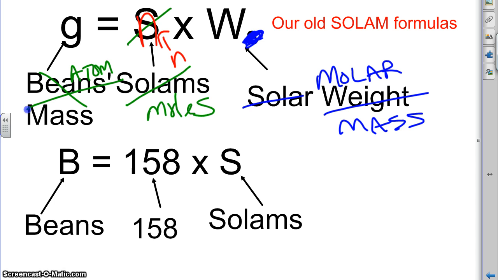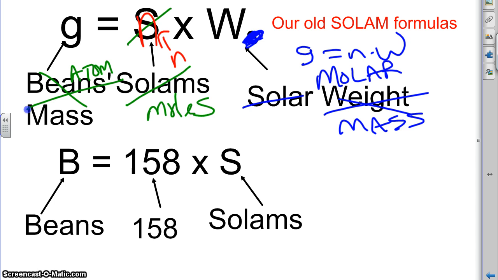They tend to symbolize molar mass with a W, and then they tend to say it as molar mass and not molar weight. So that would collapse into G equals n times W, where G is the mass, n is the number of moles, and W is the molar mass. That is the weight per mole.